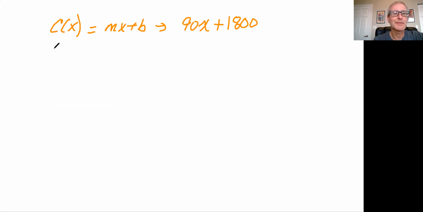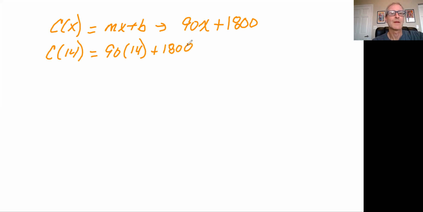So again, you could ask, how much does it cost you to make 14 bikes per day? In this case, you do 90 times 14 plus 1,800. Let me double check my answer just in case I didn't screw it up.